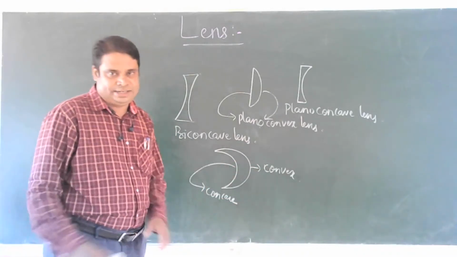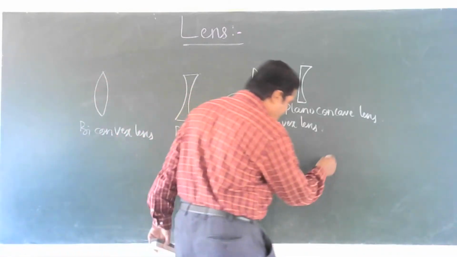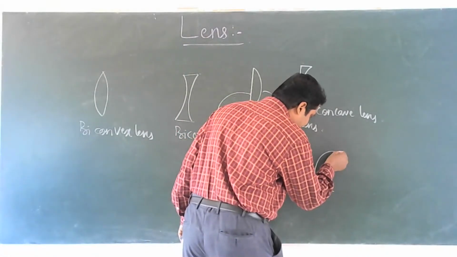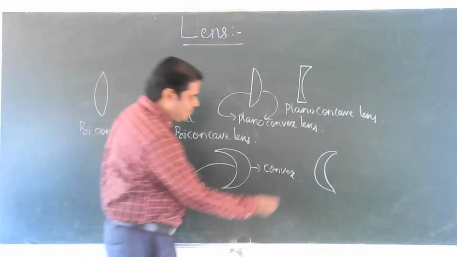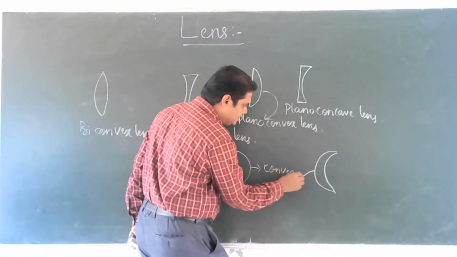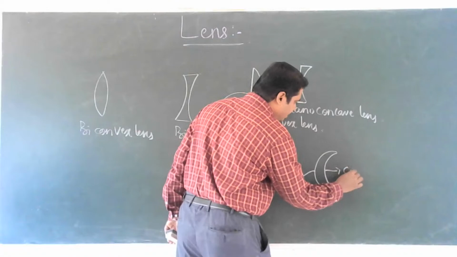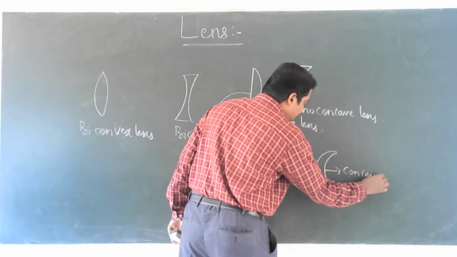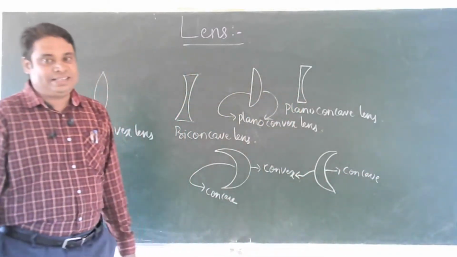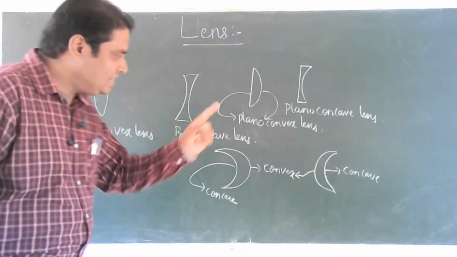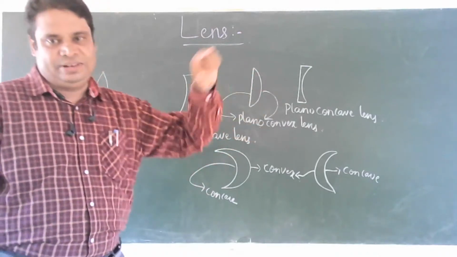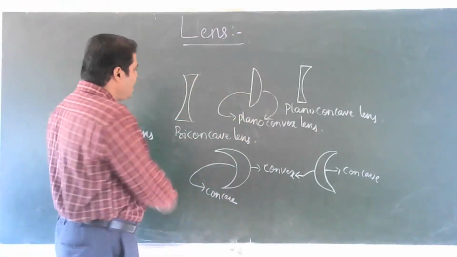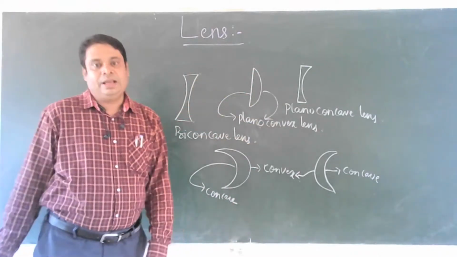Concave this side, convex this side. We have this lens also, where this surface is convex and this surface is concave. Hence, this lens is called convexo-concave lens. These are some kinds of lenses.